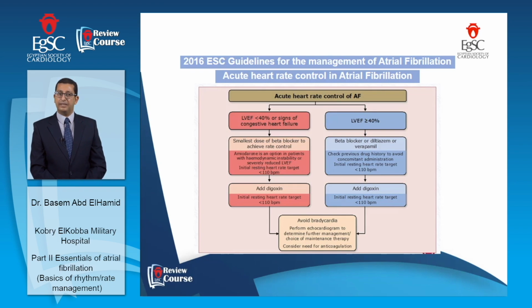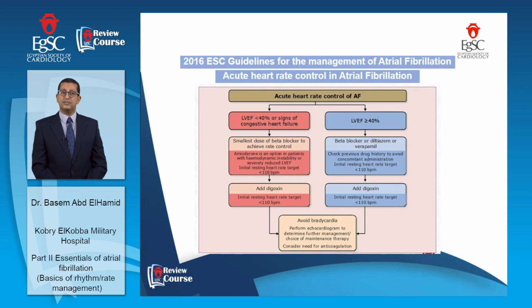Keep in mind to avoid bradycardia and to perform echocardiography to determine the further management and choice of maintenance therapy. Consider the need for anticoagulation. Of course, I'm not talking about anticoagulation, which is a very important entity, because it was mentioned in previous lectures.